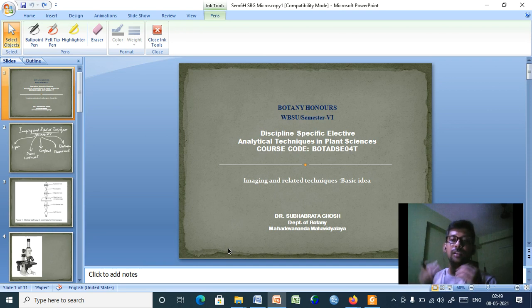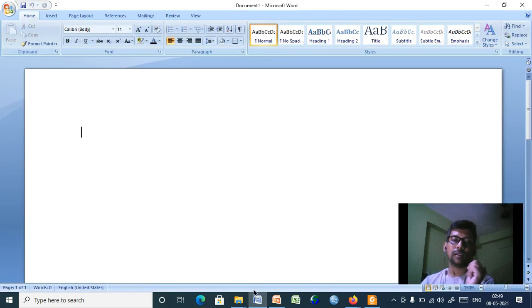So it has a capacity to magnify. And if you want to consider its basic qualities, there are some basic features of a microscope or the technique microscopy.